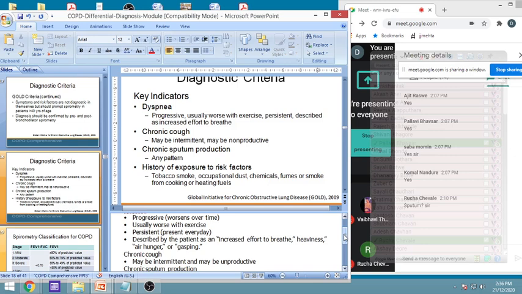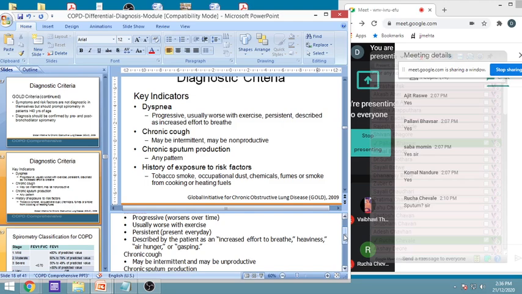Then persistent, present every day, described by the patient as increased effort to breathe or heaviness or air hunger or gasping. So the patient is finding it very difficult to complete the quota of oxygen or air. Therefore having very deep and heavy breathing, the rate is increased.